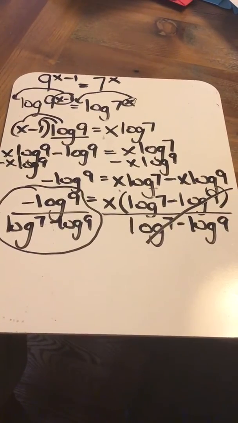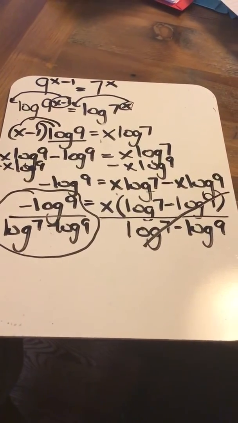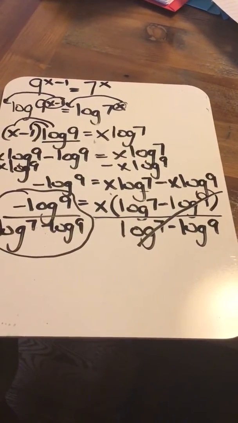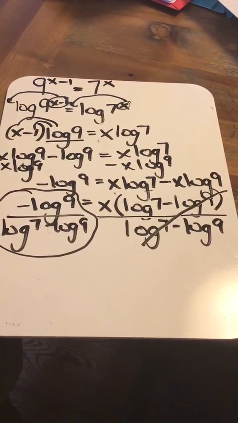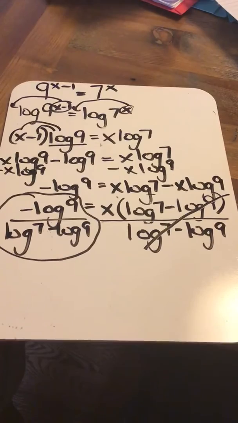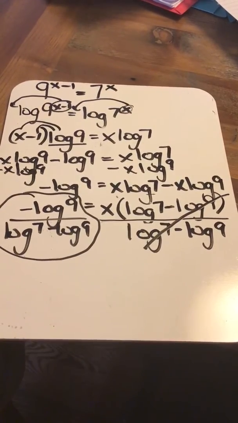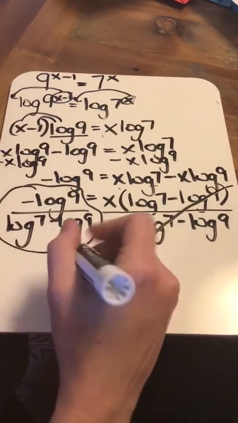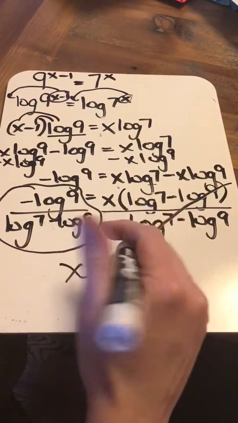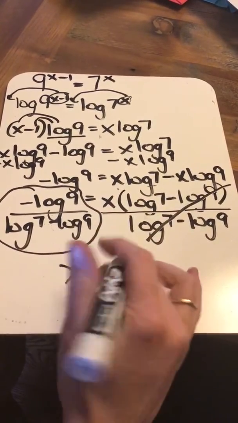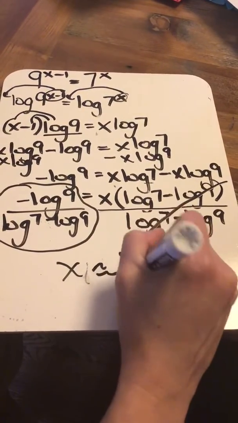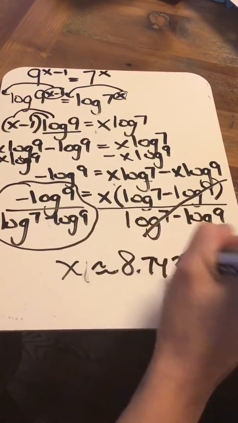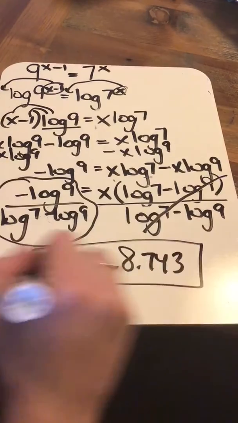So when you divide by the log 7 minus your log 9, you have to make sure you put parentheses around that so that you get the right answer. So in the end, x would be equal to, or about, I should put about, 8.743, about. That would be my answer.